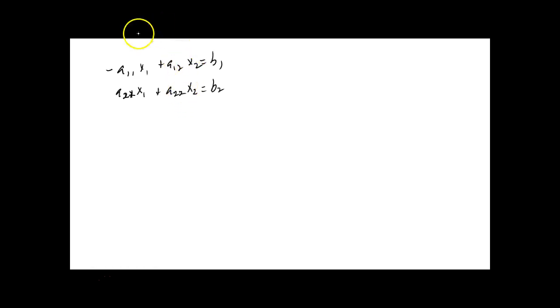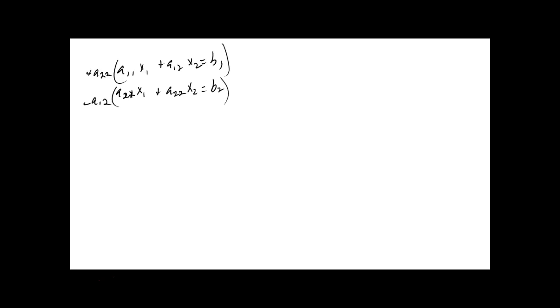We want to eliminate x2, so we're going to multiply the top equation by a positive a22 and multiply the bottom equation by a negative a12. I think that'll do it for us.